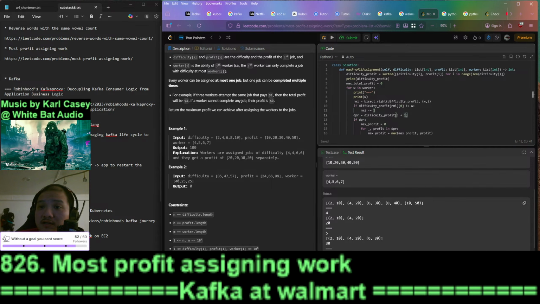If so, like in the case of this 0, 1, 2, it found 2 here. We don't want to include it. So 0, 1, 2, right? So we want 0, 1. So with the equal, we want to include it, right? Else, so then it will be this.